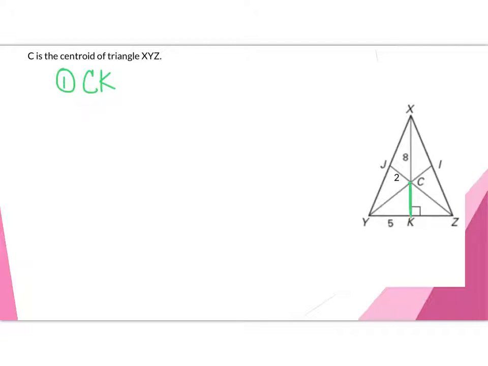Well, I know that CK is the smaller piece of the median because it's connecting to the segment, and the bigger piece is the 8. So CK's got to be half as big as CX. So it's going to be 4 because it's half as big as CX.